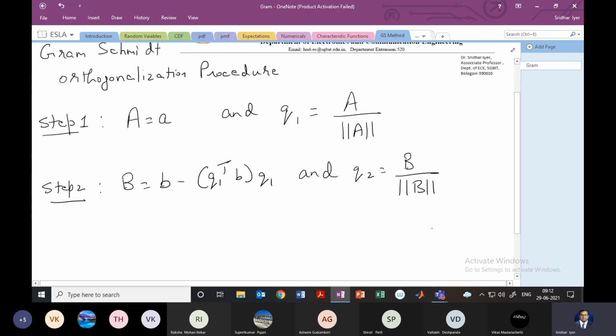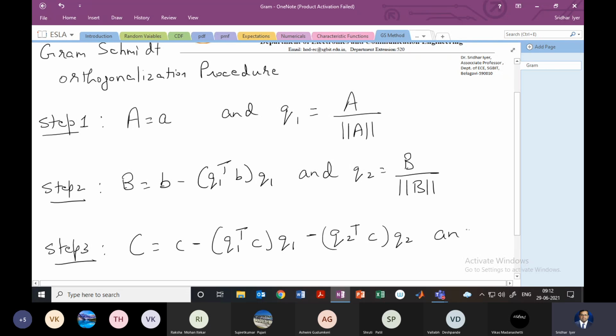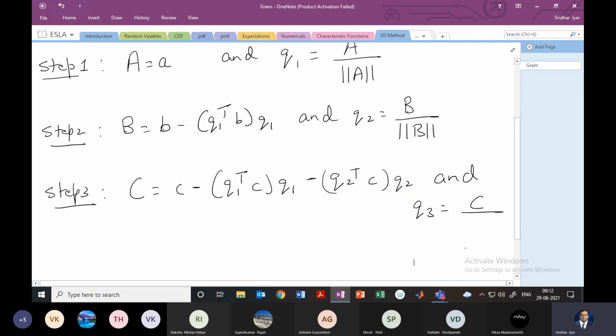Having done that, we will have step 3. Here we'll calculate C, which will be small c minus Q1 transpose c Q1 minus Q2 transpose c into Q2, and lastly we'll calculate Q3, which is C divided by the length of C. And we can go on and on depending on the kind of matrices given to us.